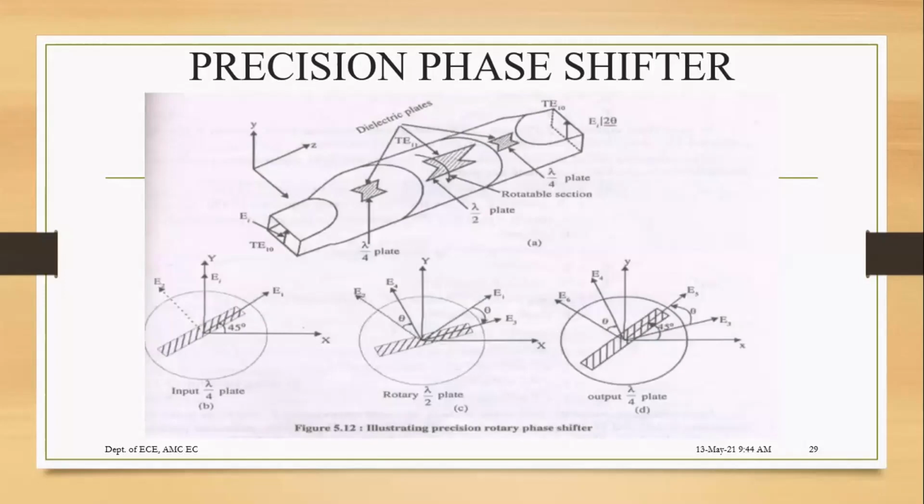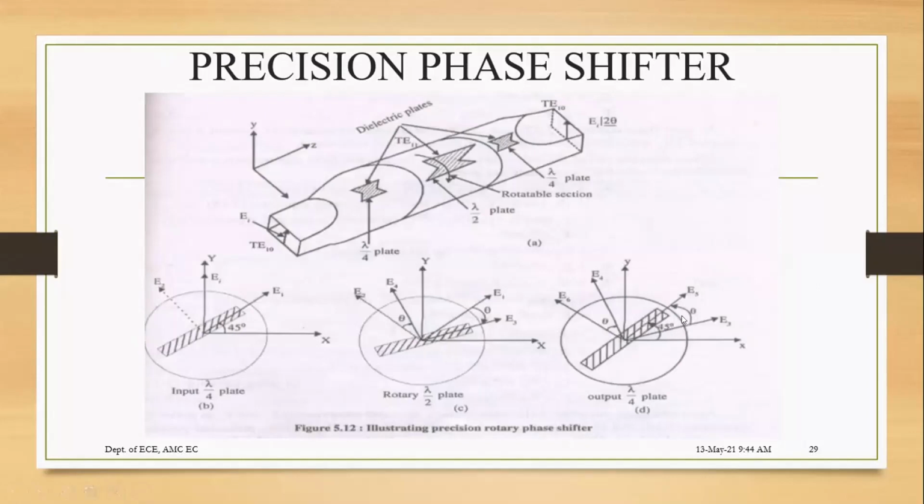Now at the end here, again you can see you have E3, which is again at a 45-degree inclination. So see the propagation of the waves. The first plate, that is lambda by 2, is anti-clockwise, whereas the rotatory plate is clockwise. Again, the output lambda by 4 section is anti-clockwise; sorry, the quarter wave section is anti-clockwise, and the half wave is clockwise.